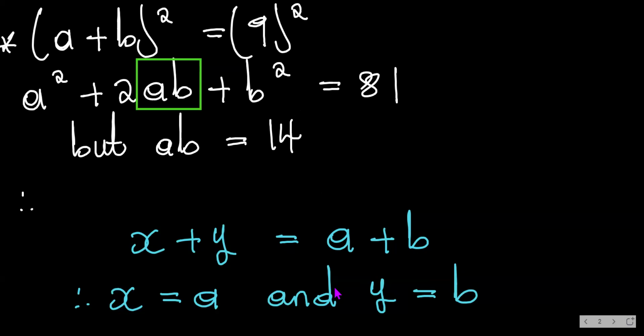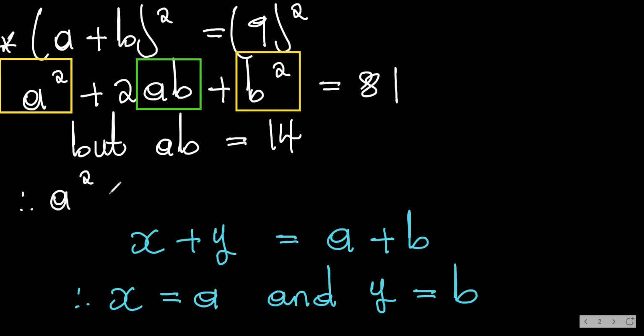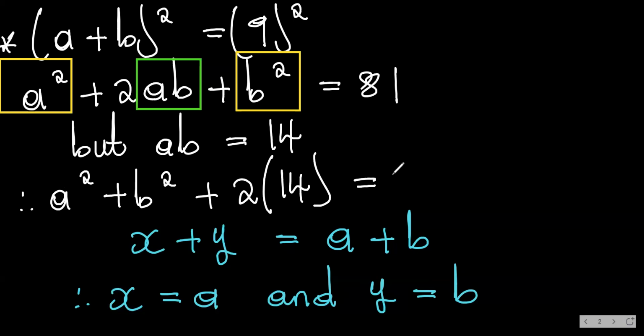Which means that we can now take those two and group them together, the A squared and the B squared. So it means A squared plus B squared plus 2 into AB, which we now know as 14, everything must be equal to 81.